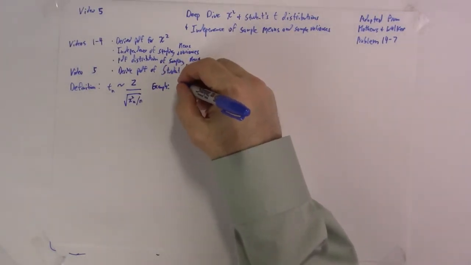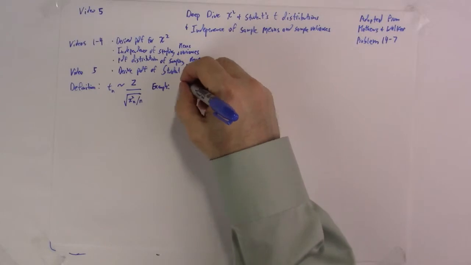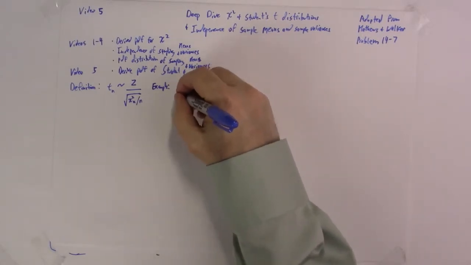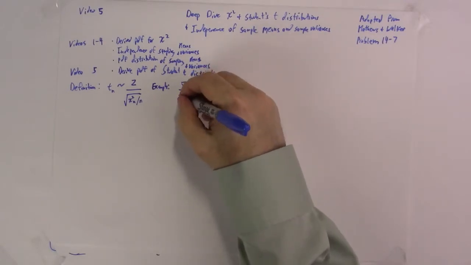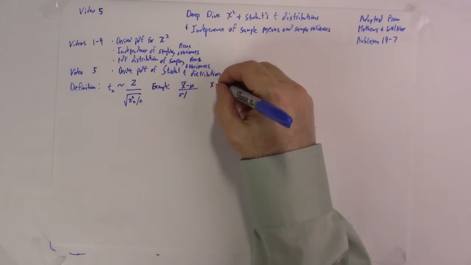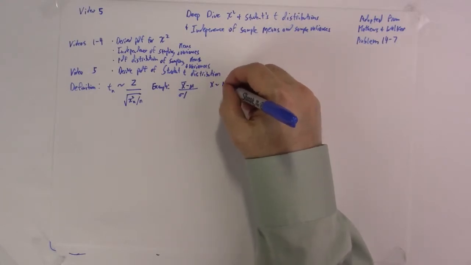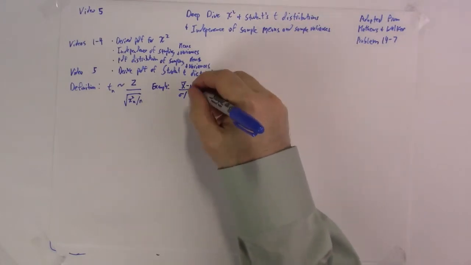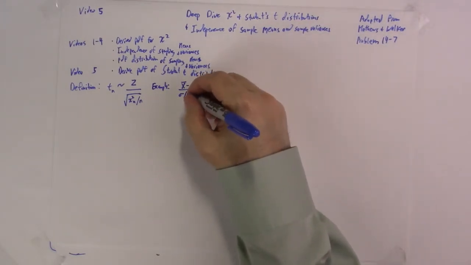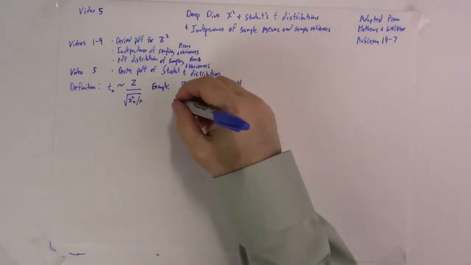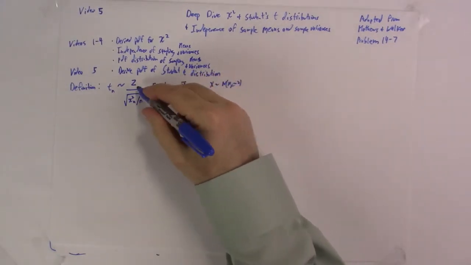Let's take a normally distributed variable like the sample mean. Remember, if x is normal with, say, mu, sigma squared, then x bar minus mu over sigma divided by the square root of n is distributed normally. So that meets this definition here.